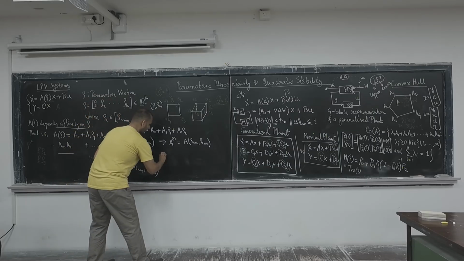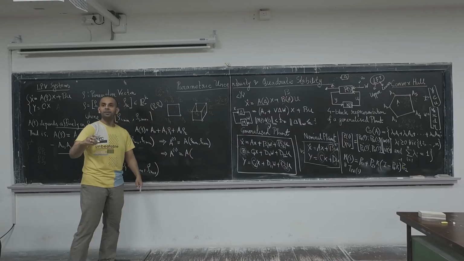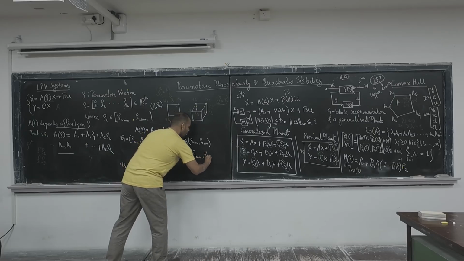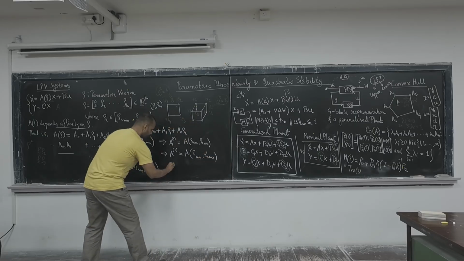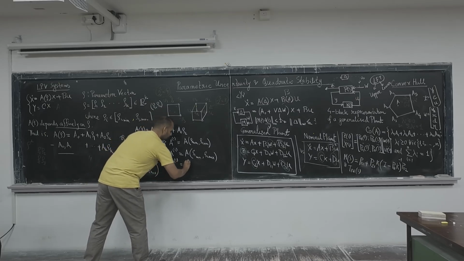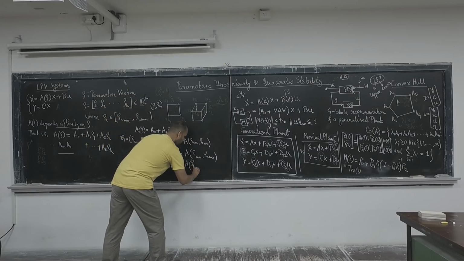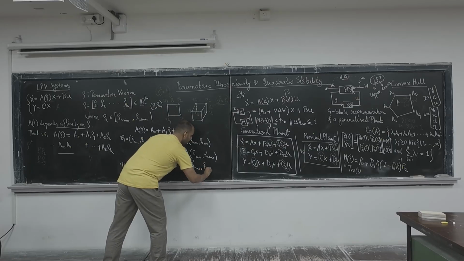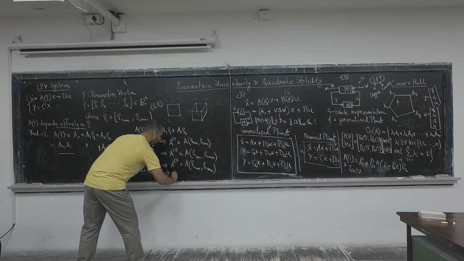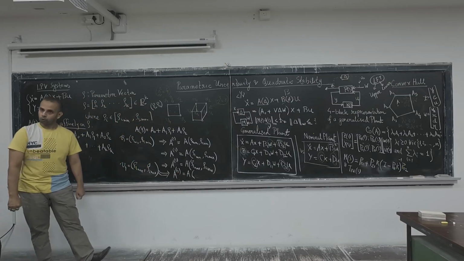Then the second one, A2, will be rho 1 min, rho 2 max. Then A3 will be rho 1 max, rho 2 min. And finally your A4 is going to be rho 1 max, rho 2 max.